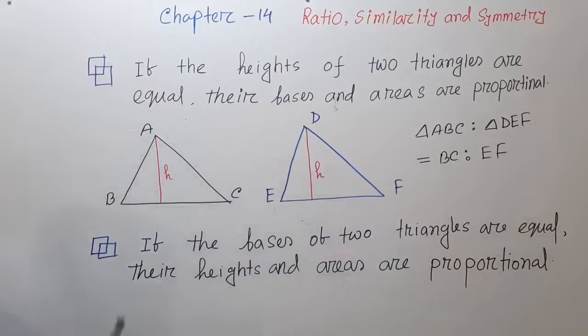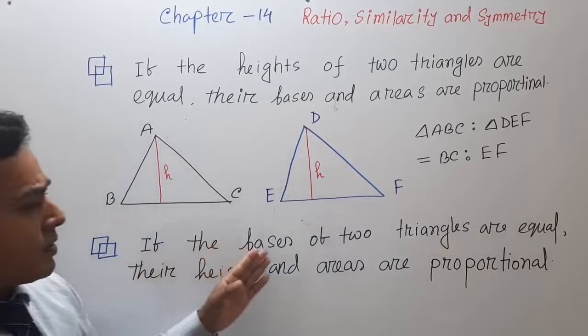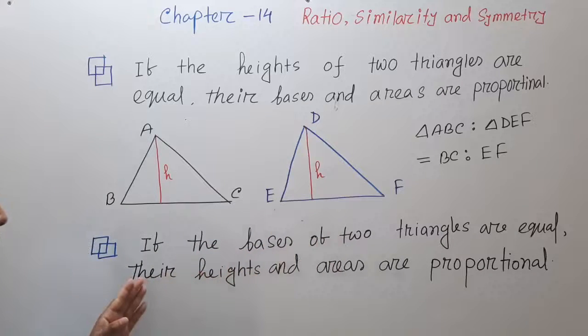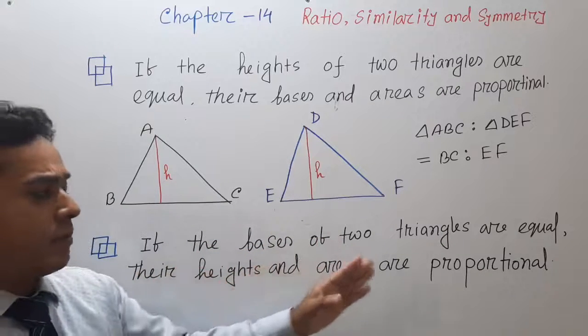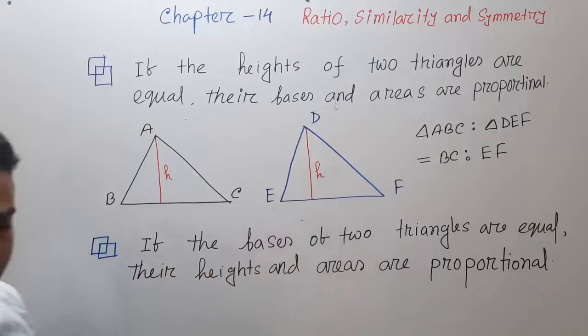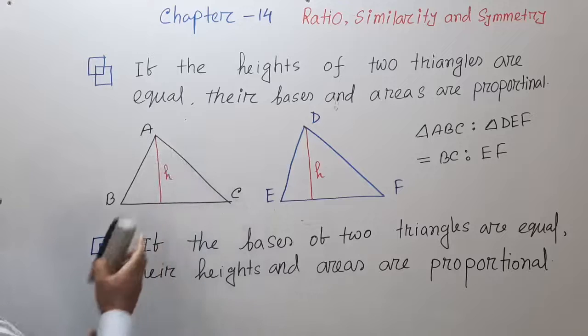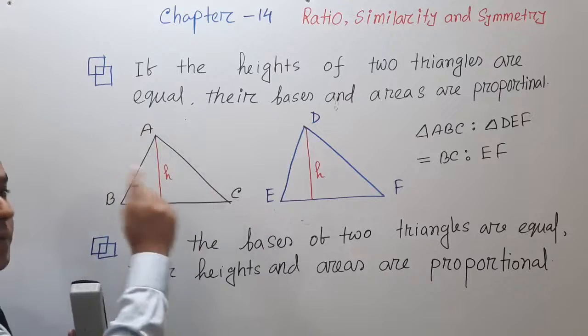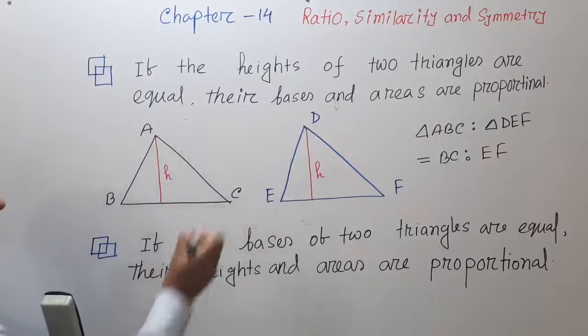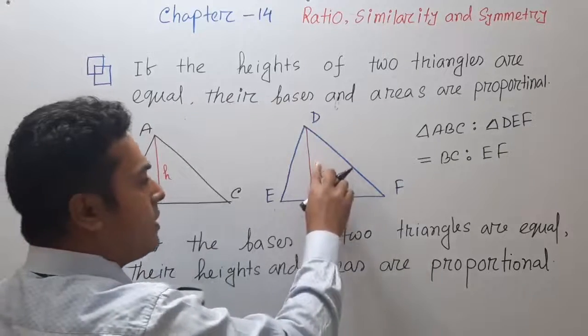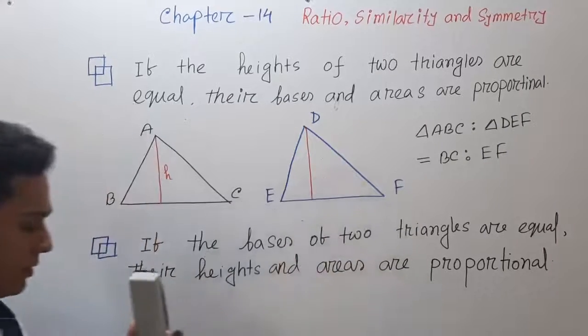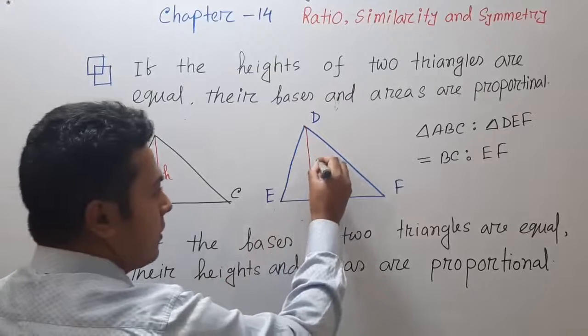And second: if the bases of two triangles are equal, their heights and areas are proportional. Just think, the height of triangle ABC is h, and the height of triangle DEF is k.